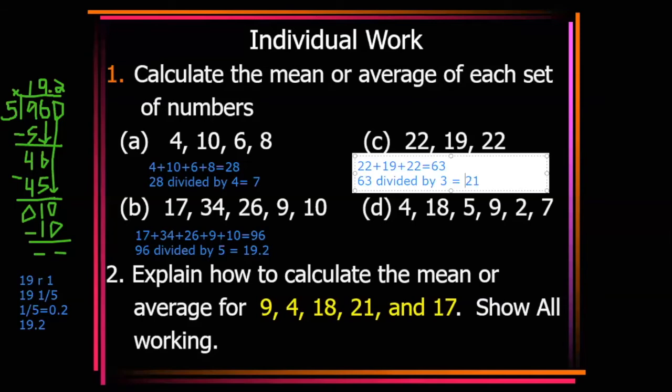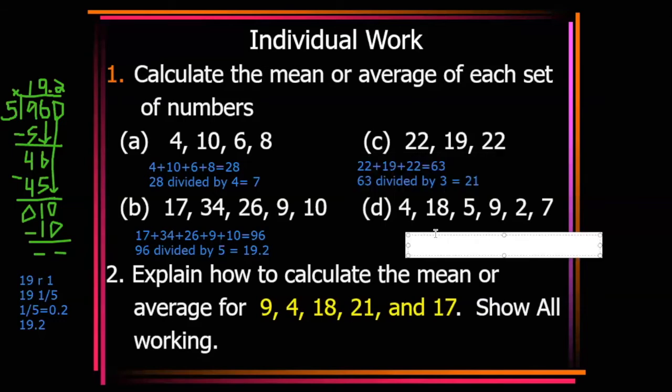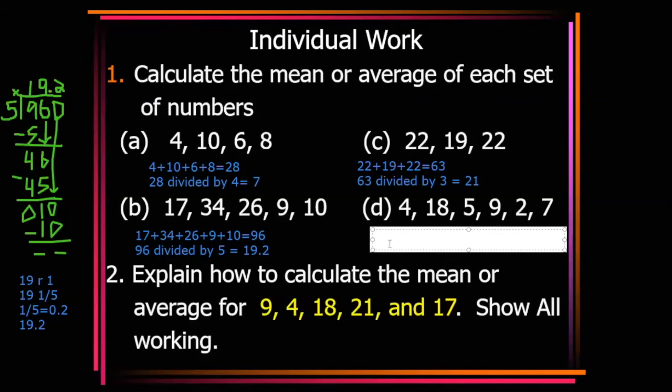Are we ready to move on to question D? Okay, who's going to tell me the first step of question D? Bricano told me to add 4 plus 18 plus 5 plus 9 plus 2 plus 7.